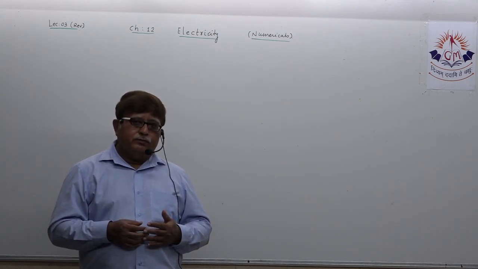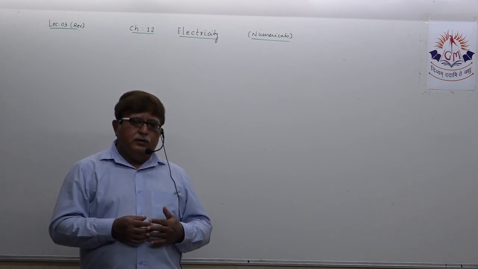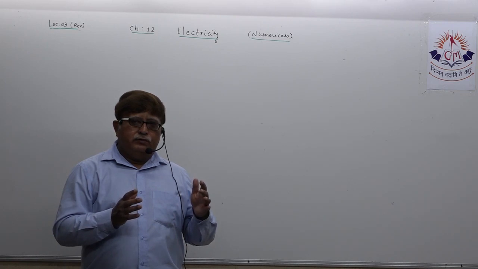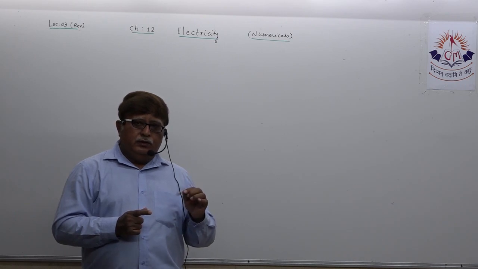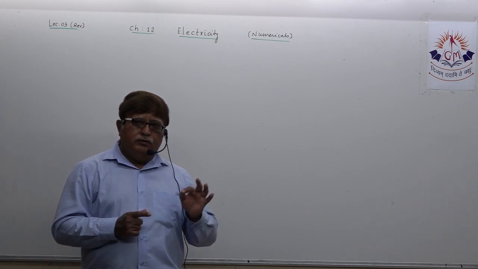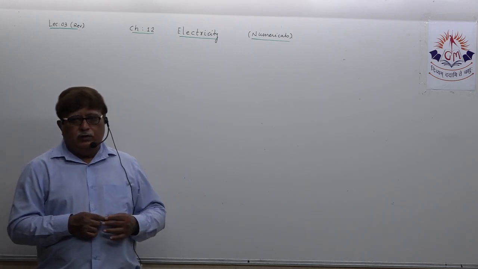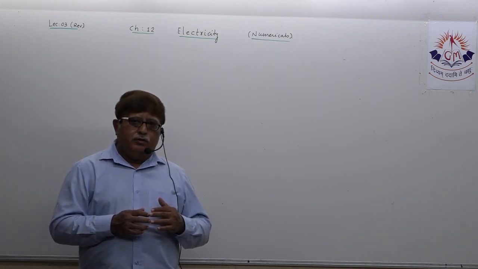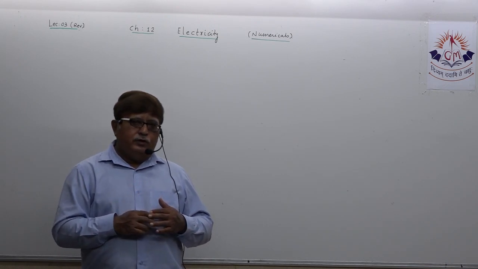This is just a revision. When you connect resistors in series, first point, the current flowing through each resistor remains the same. Second, the potential difference across each resistor is different.